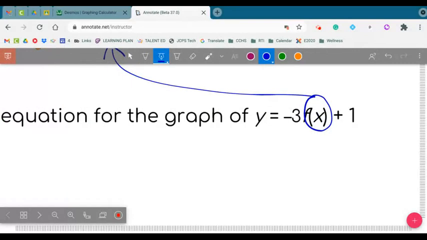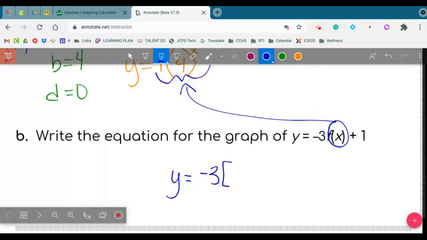So I'm going to have y equals negative 3. And I'm going to create brackets for my new equation, which is going to be 1 times 4 to the x. Close my brackets because that's where I put it in, and then plus 1.